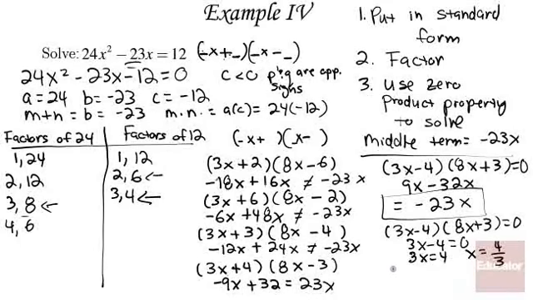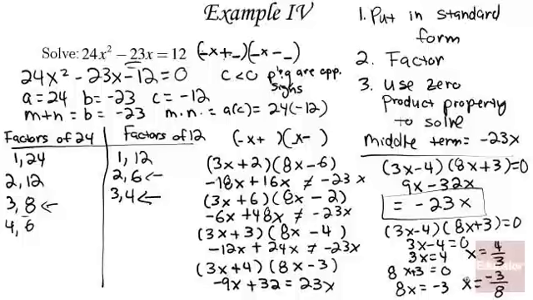That's one solution. The other one is 8x plus 3 equals 0. I'm going to go ahead and subtract 3 from both sides, and that's going to give me x equals, by dividing by 8, negative 3/8. So now I have my two solutions for this equation.